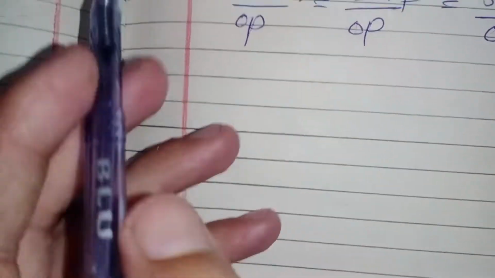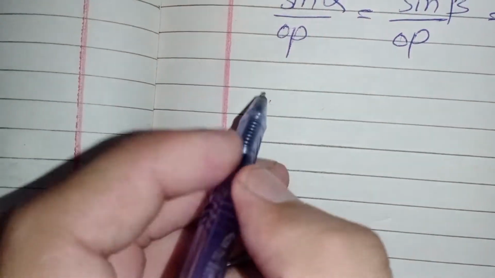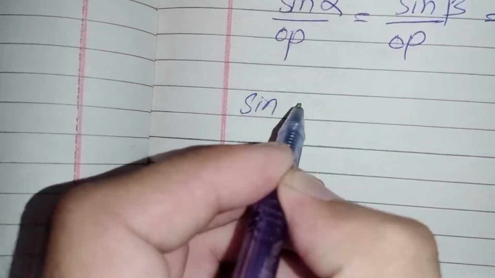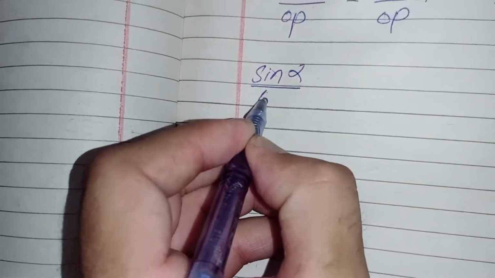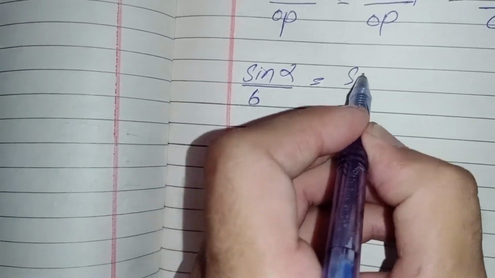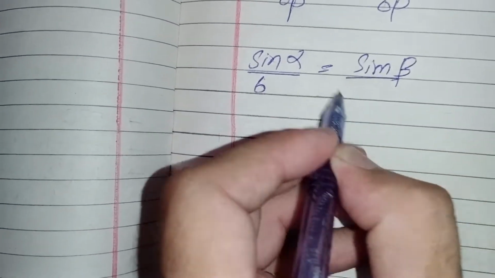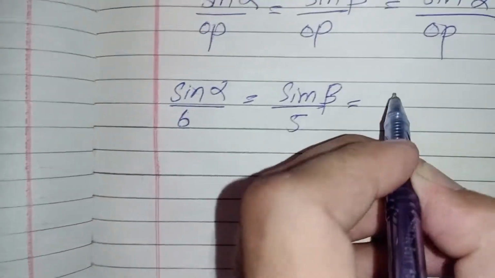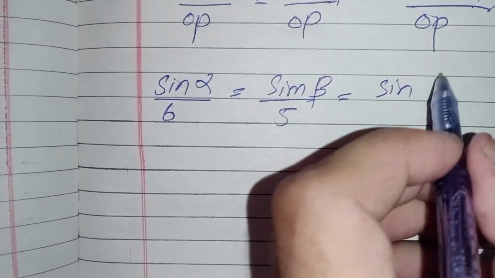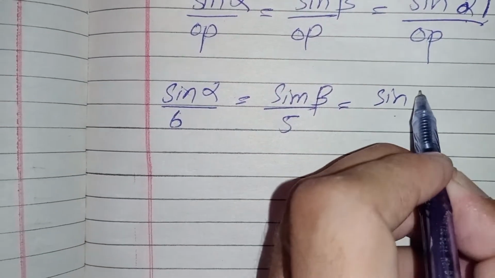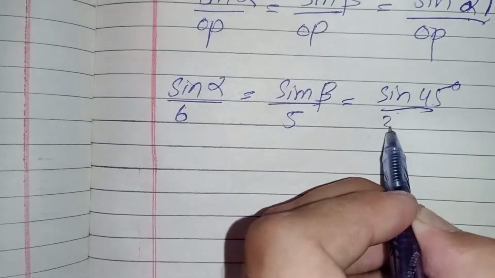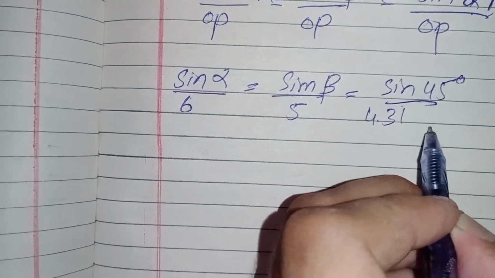So I directly write that the opposite side of alpha is 6 meter, the opposite side of beta is 5 meter, and sine gamma is sine 45 degree divided by 4.31 meter.